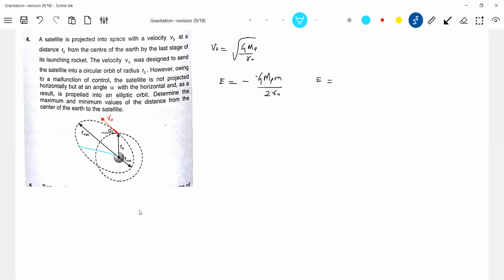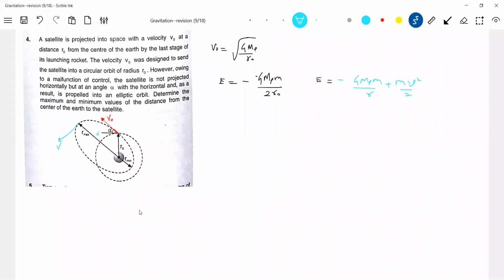Let it be at a distance R. So this should be equal to what now? Minus GMPM by R plus M V square by 2.